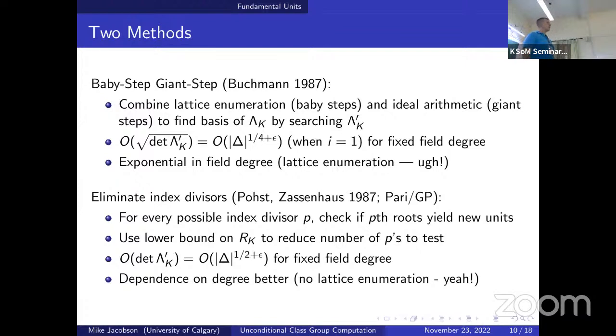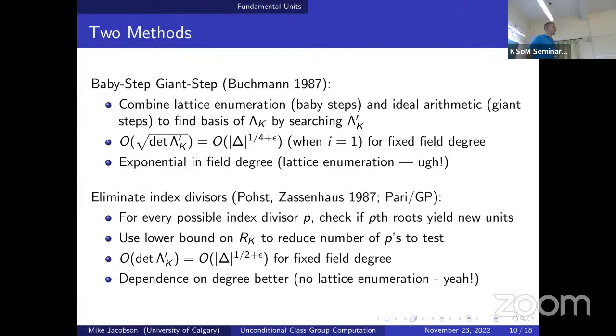And you simply run through each one of them and try to certify that no pth roots of any of the units that you have are themselves units. Okay? Because that's what the index means: that there's some pth root of the unit that is itself a unit. If you can certify for every possible prime divisor and none of them satisfy that, then you're done. You're guaranteed that the index really is one.